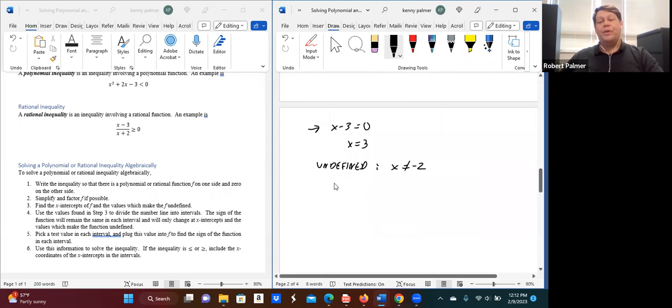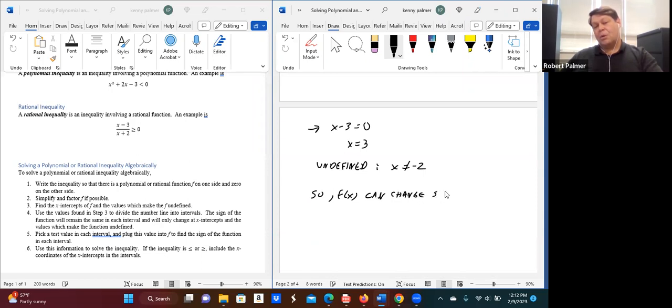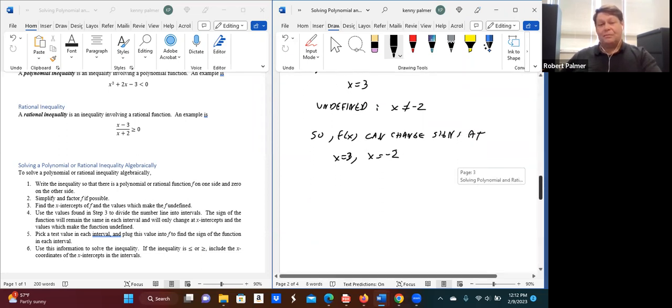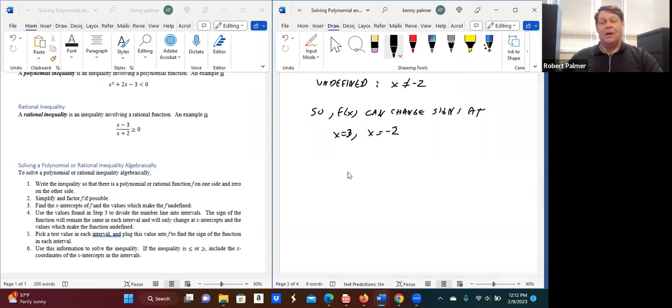So what that tells us is that f of x can change signs from positive to negative, or negative to positive, at these two places, x equals 3 and x equals -2. Those are the only places it can change sign. It doesn't mean it will change sign there, just that those are places where it can.